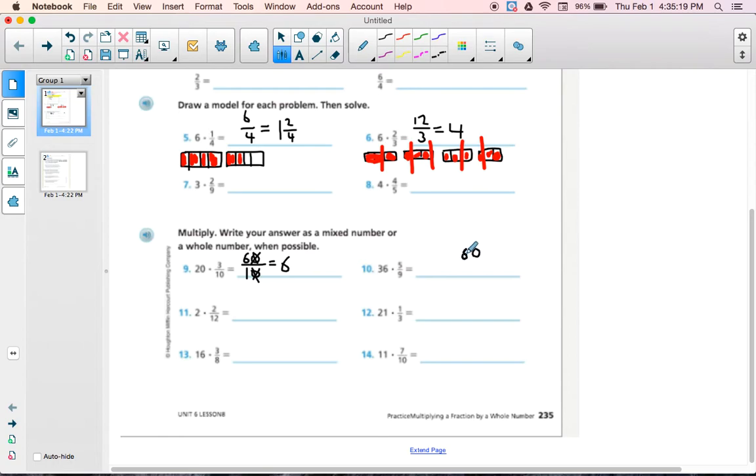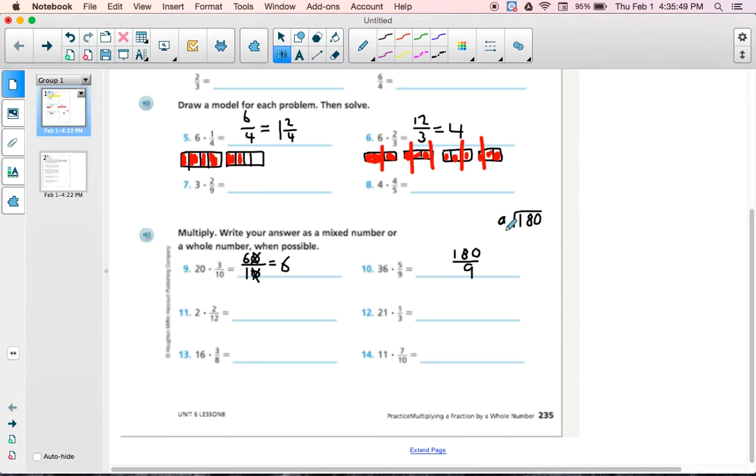180 ninths. Well, kind of looking at this problem right here, I can see that I could divide 180 divided by 9. Because remember they said write it as a whole number or a mixed number, so we don't want to leave it as a fraction.